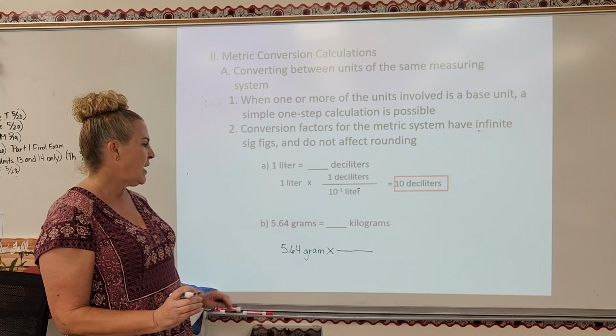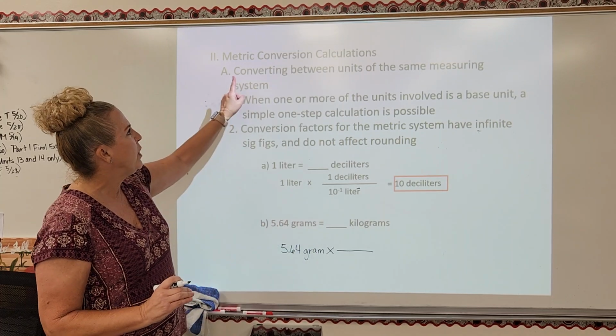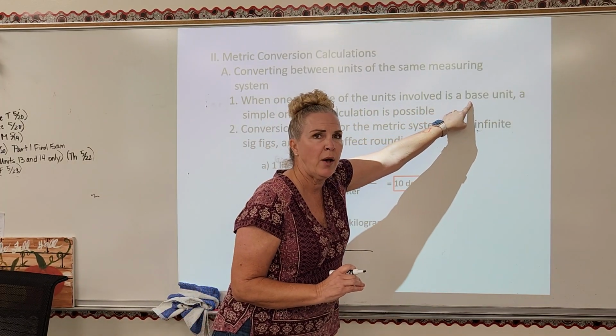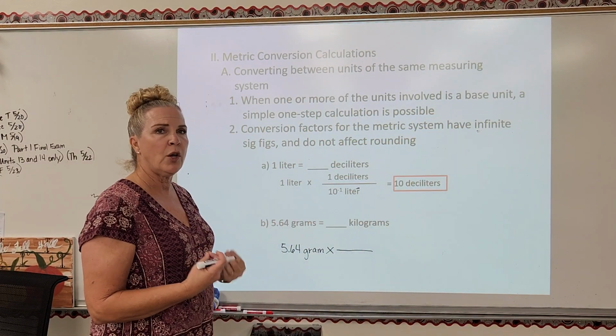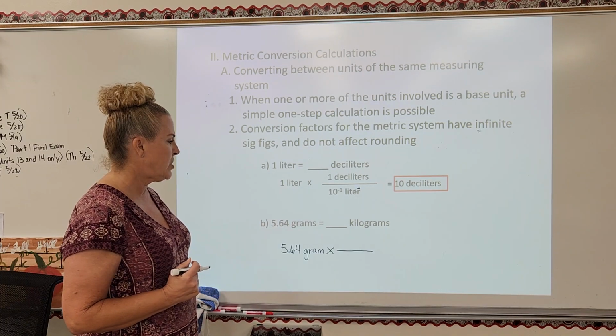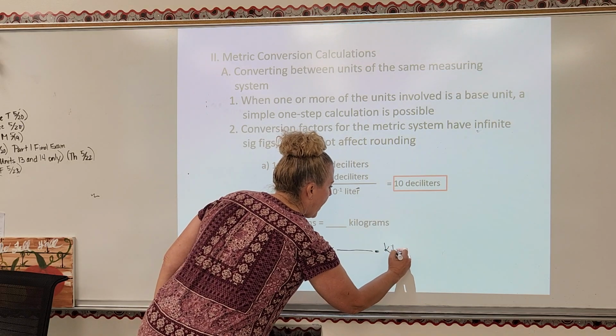Let me also say grams is a base unit. And remember, anytime we have a base unit in our calculation, we automatically know it's a one-step problem. So it's going to have a direct relationship. We know we are looking for kilograms.